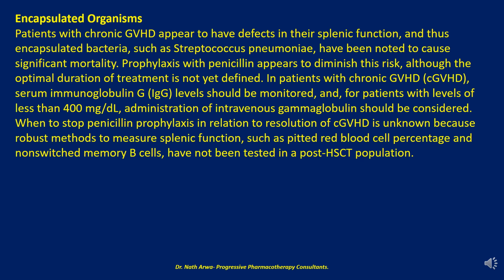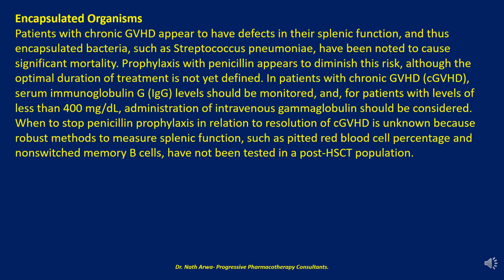In patients with chronic graft versus host disease, abbreviated as CGVHD, serum immunoglobulin G, IgG, levels should be monitored, and, for patients with levels of less than 400 mg per deciliter, administration of intravenous gamma globulin should be considered.